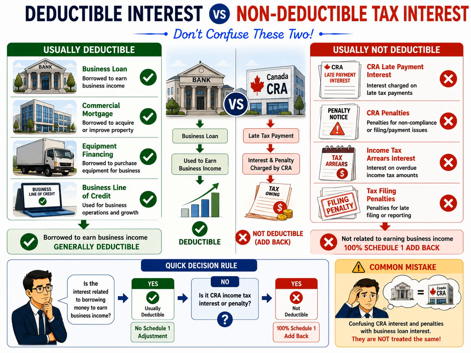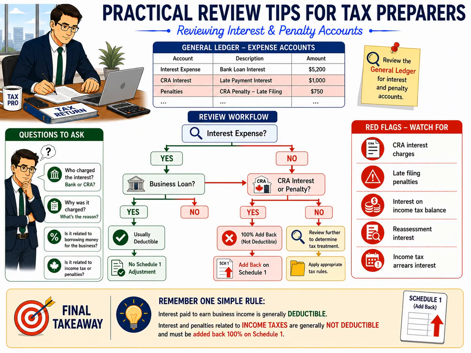Keeping this simple distinction in mind will help you avoid one of the most common classification errors in corporate tax preparation and ensure that Schedule 1 reflects the correct taxable income. When reviewing a corporation's expense accounts, one of your responsibilities as a tax preparer is determining whether each interest expense is deductible or whether it requires a Schedule 1 adjustment.